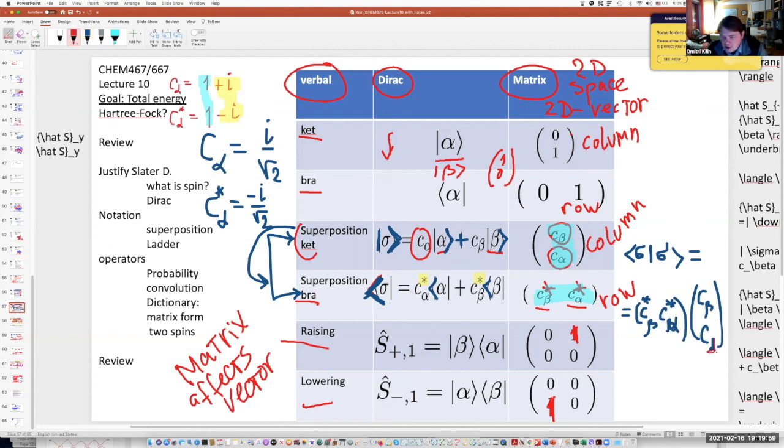And now I need to practice the single thing that I remember from linear algebra class: how to multiply. Let me ask you, Lola, were you exposed to a little bit of linear algebra? Yeah. Okay, what is the rule for how to multiply a matrix by a vector? So C beta multiplies C beta star.